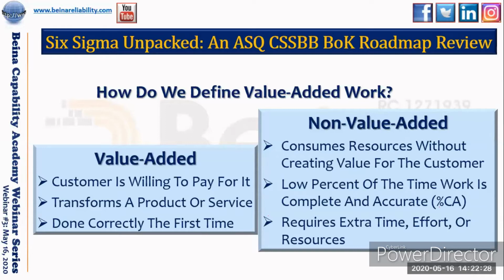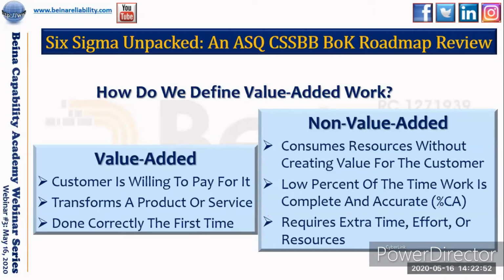Then, if a task is also non-value adding, if you see that a low percentage of the work is complete, your percentage completion is low. The defect rate is high. If I finish the process, maybe 50% are good, 50% are bad. So you need to also look at that.